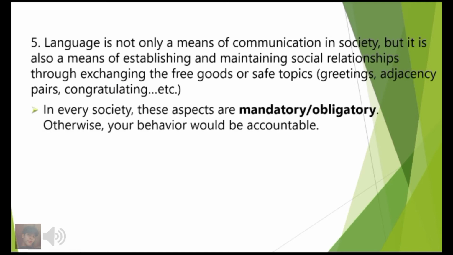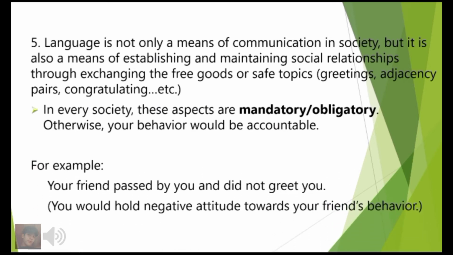In every society, these aspects are obligatory, otherwise your behavior would be questioned. For example, imagine your friend passed by you and did not greet you. How will you explain your friend's behavior? Of course, you would hold negative attitudes toward your friend's behavior.